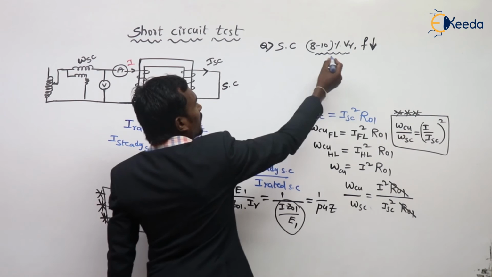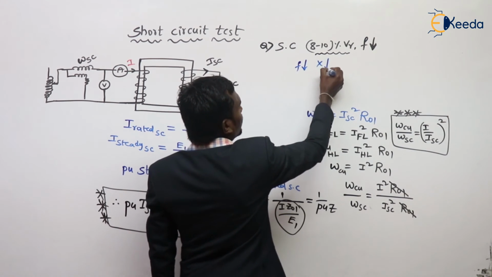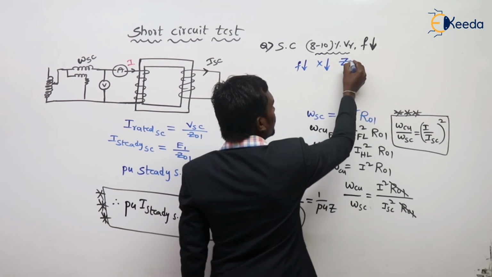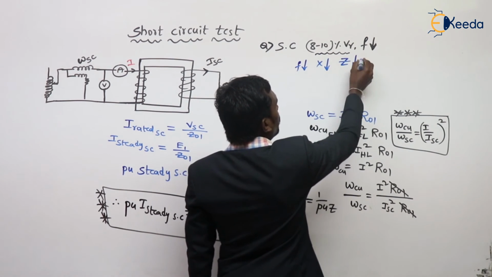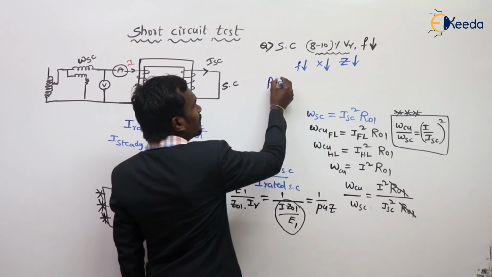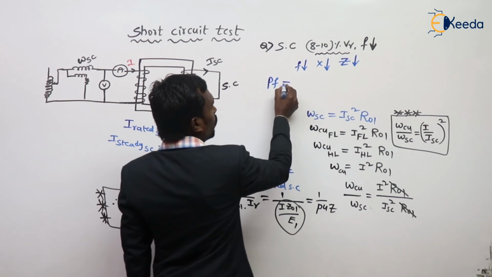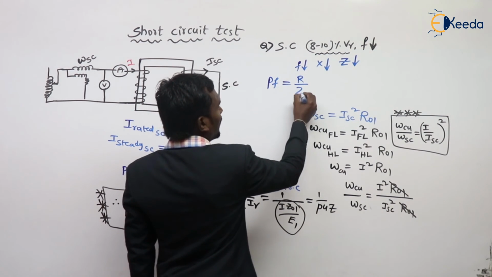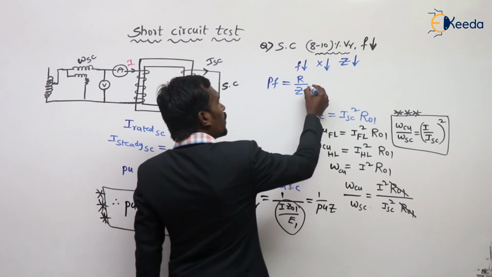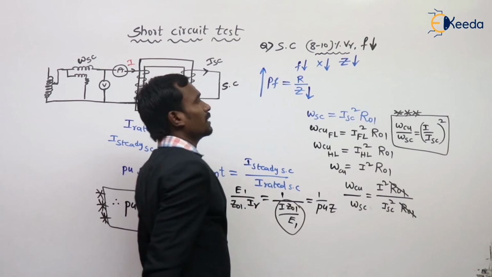So calculate it. Short circuit test conducted on a transformer with required voltage and reduced frequency. Generally when frequency reduces, reactance reduces. When reactance reduces, automatically impedance decreases. Power factor is equal to R by Z. If impedance decreases, power factor increases.